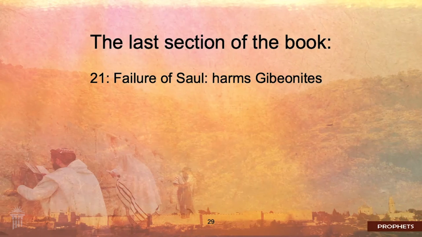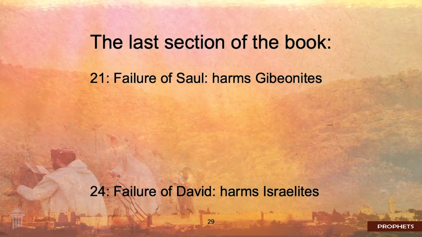Won't go into the story, but let me show you how the very end of the book, chapter 24, is a similar story of a failure of David. And when David fails here, he causes a plague and harms Israelites. So again, if you're tempted to think David's a good guy, Saul's a bad guy, here's the way Samuel wants to finish the whole thing up.